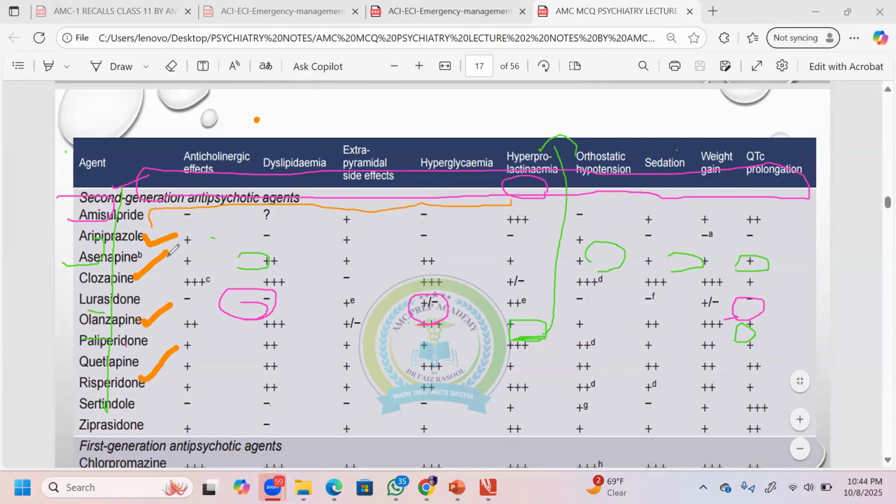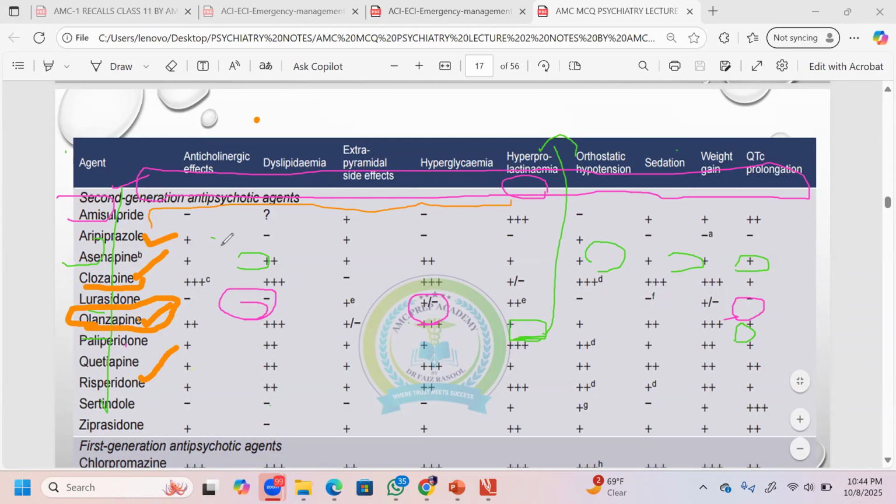You must know the side effects of at least four drugs. Risperidone side effect is galactorrhea, hyperprolactinemia. Olanzapine side effect: O means obesity. If the patient takes olanzapine, the patient has a chance to gain weight. Olanzapine, O for obesity. Clozapine leads to cardiotoxicity as well as agranulocytosis.